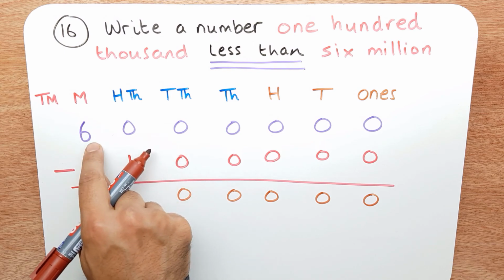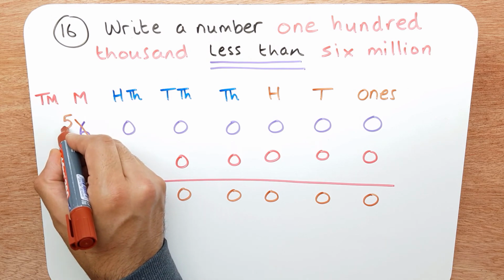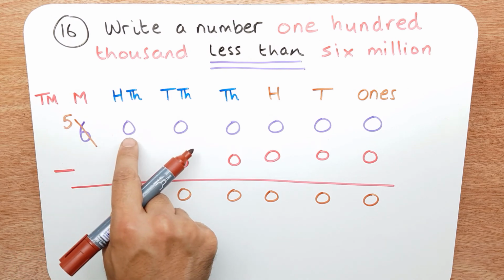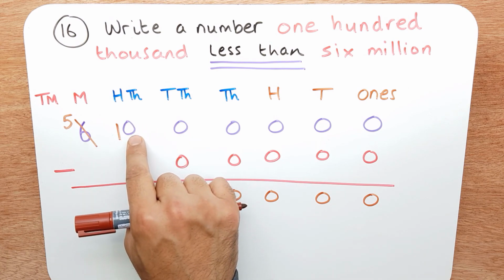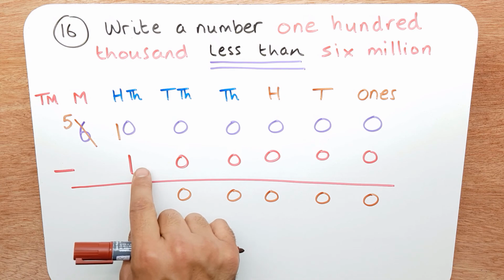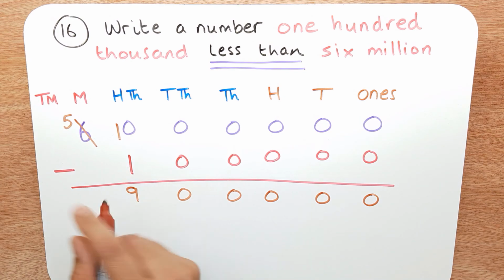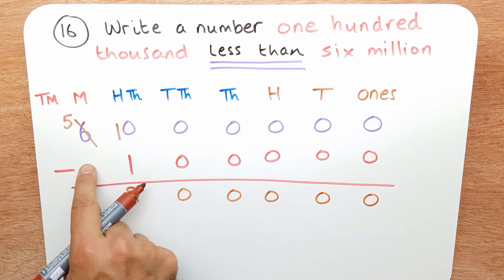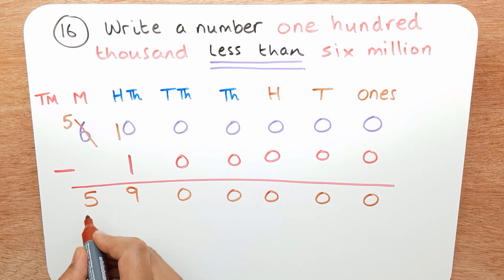So we go to the neighbour, borrow 1 from there. That becomes a 5. And the 1 we've borrowed turns this 0 into a 10. So now it's 10 take away 1. It's 9. And 5 take away, there's nothing here. So it's 5 take away nothing, which is 5.